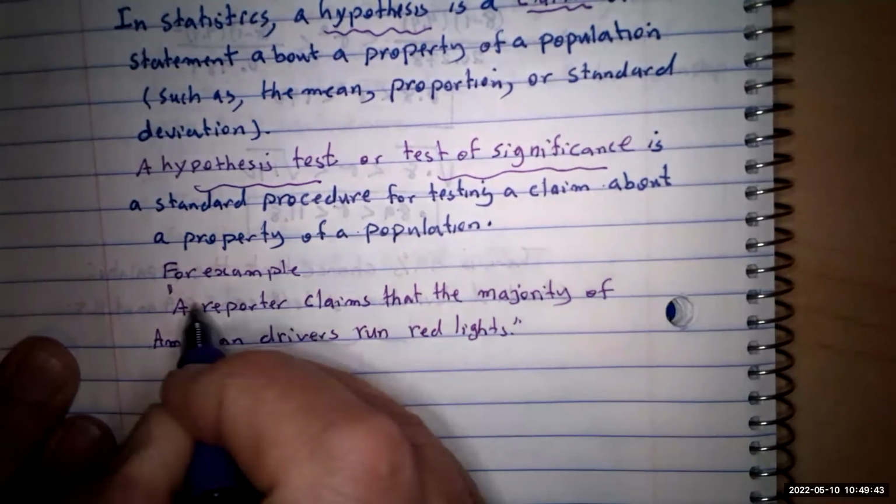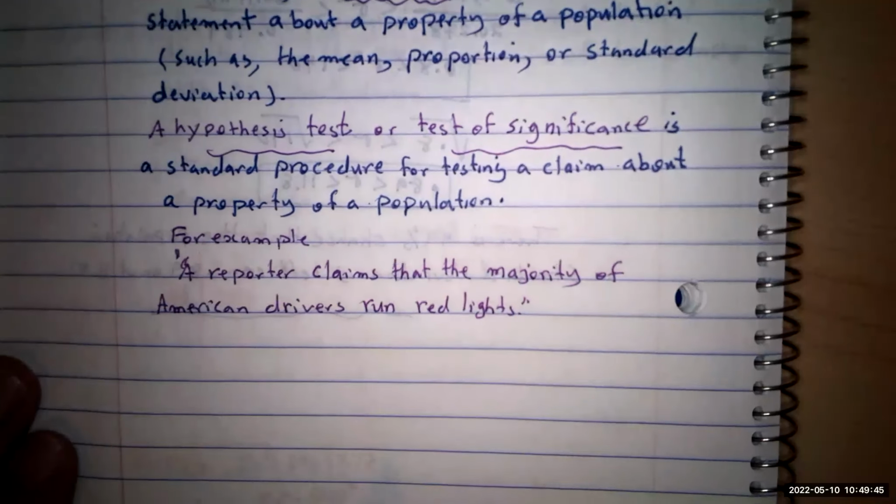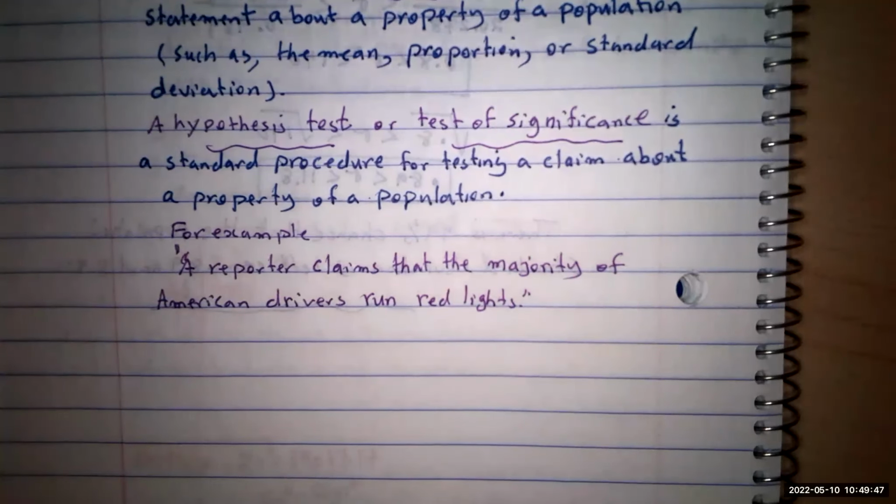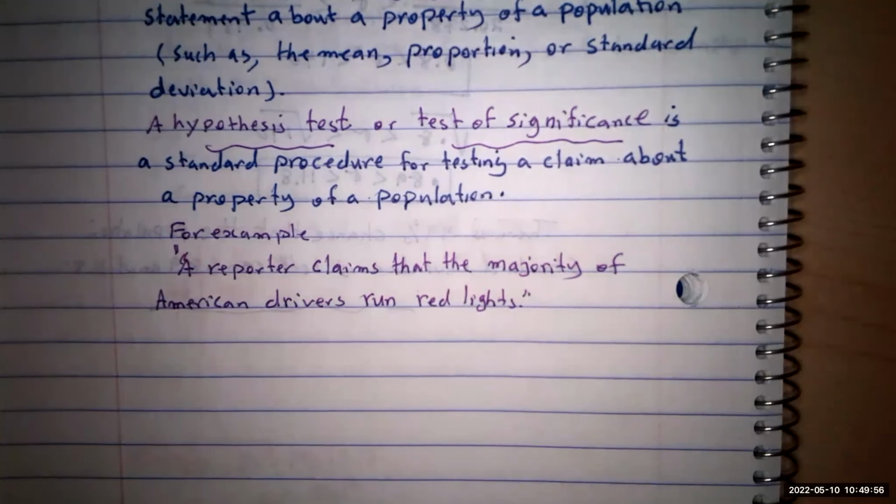It may be true or false, but it's a claim, and if it's given to you, you have to test it. To test it, you have to collect some information. You may go outside and check the number of cars running red lights, and then put the information together. So that's the name of the test and the procedure that we are going to go through.